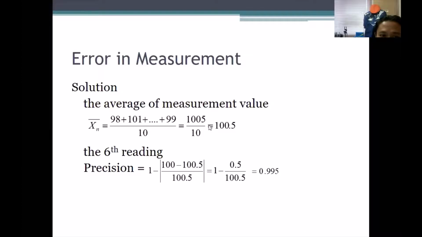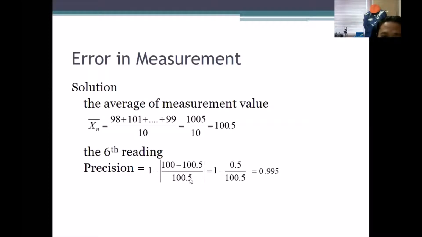For example, like this one. First you have to calculate the average measurement value: 98 plus 101 plus and so on, divide by 10 because we have 10 readings, and the answer will be 100.5. Then the precision for the sixth reading will be 100 minus 100.5 divided by 100.5.